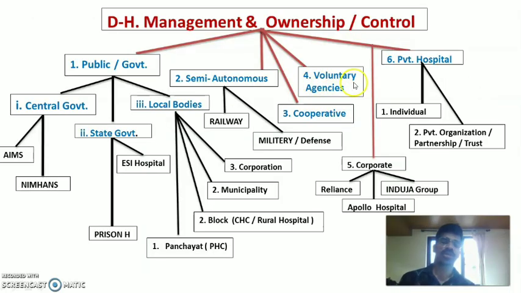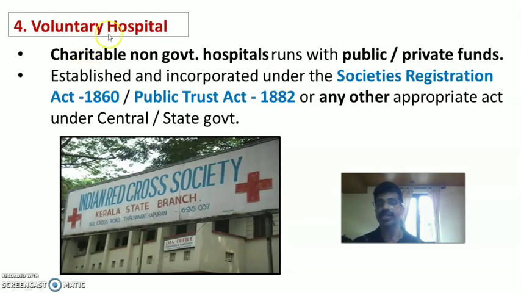Then voluntary hospital, we have voluntary agencies. So it is a charitable non-government hospital. Voluntary hospitals are charitable non-government hospitals run with public or private funds. So they make a public fund or private fund and they are a charitable institution. Actually this voluntary hospital is established and incorporated under the Societies Registration Act.